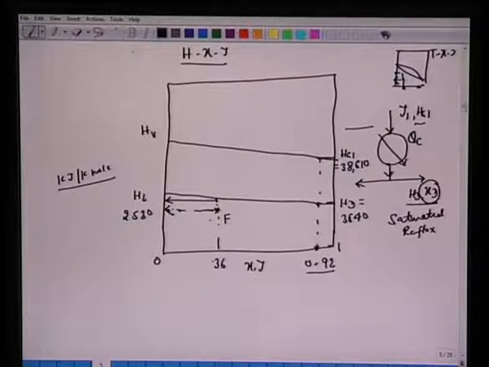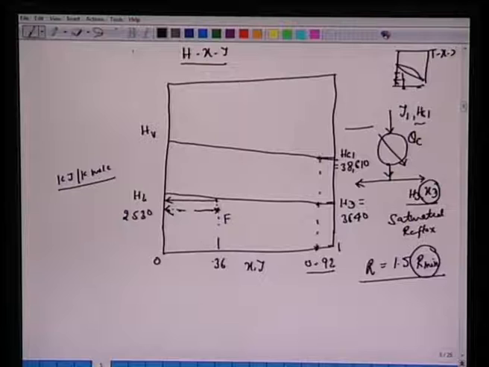Okay, and now the question is that the reflux ratio is 1.5 times R min. So that means one has to calculate this minimum reflux ratio. If you recall from our previous discussions, we had the extension of this line and somewhere we had this delta D, or we had this hypothetical stream leaving with this energy Q dash here.